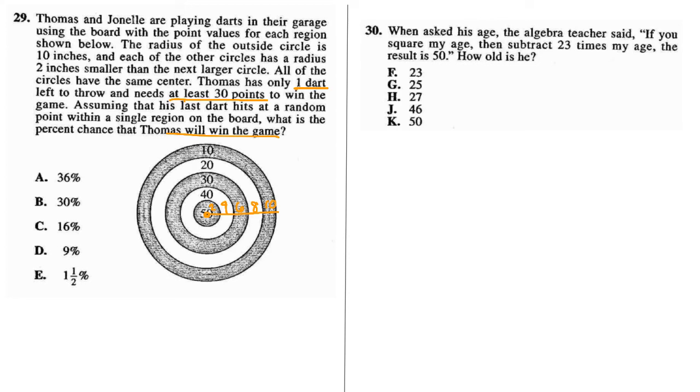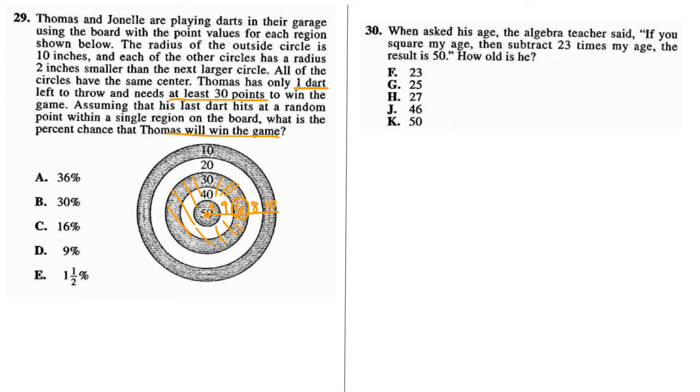If he hits right here at that 6, that would be at least 30 points. So that's going to give me 36. If we find the area here, then we're going to get all that he needs.